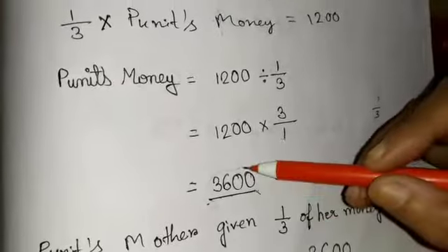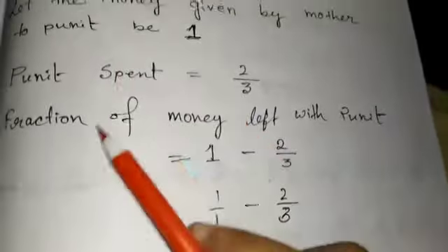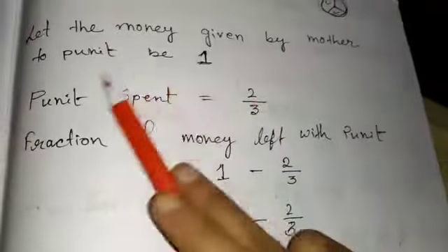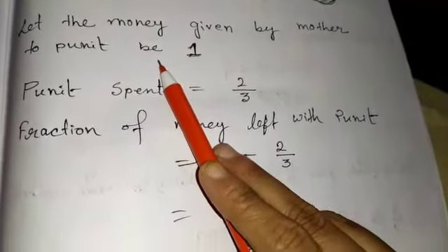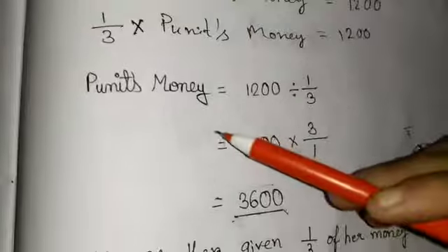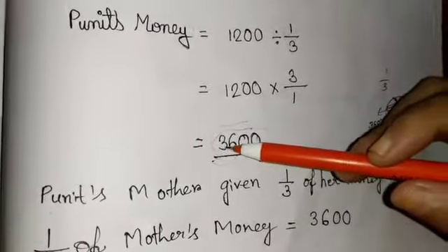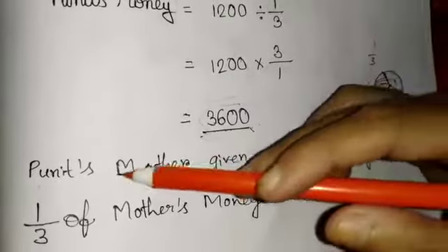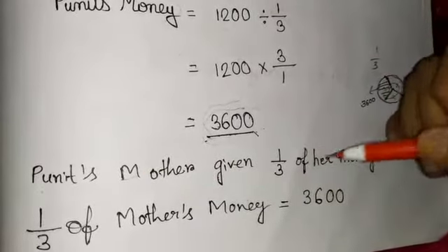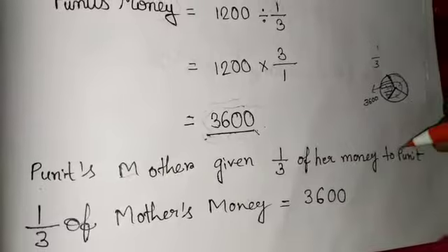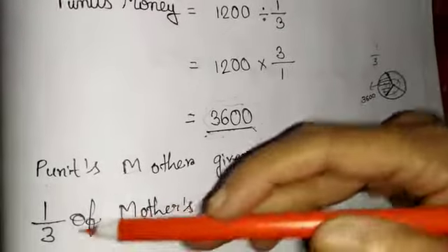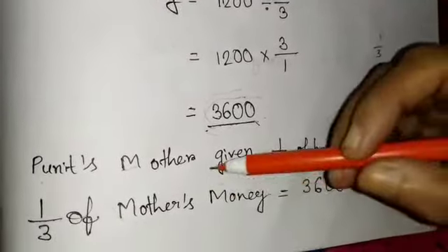And this much money was given by her mother. In the first step we have written it: mother gave to Punit. That's why Punit has got it. So, how much did mother give to Punit? 3600. So, Punit's mother gave 1/3 of her money to Punit, means 1/3 of mother's money.